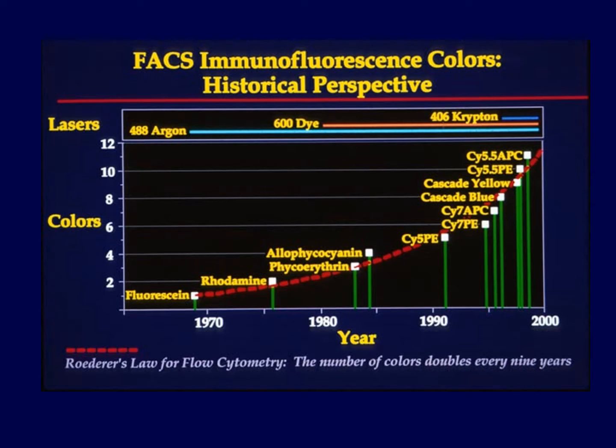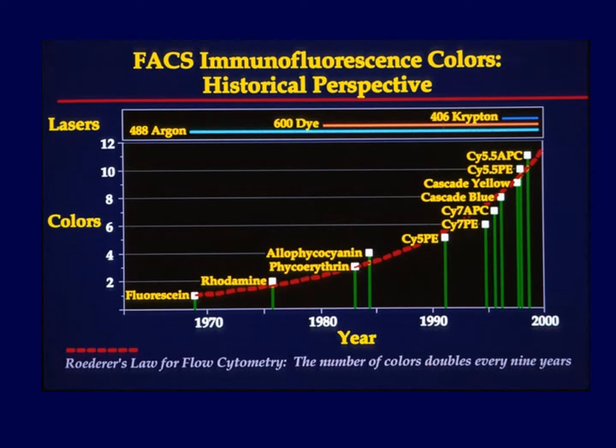Well, we have our own law here for FACS. It's Roederer's law. I think he named it Roederer's law. He made the slide, and it's kind of cute. And you can see how the number of dyes, number of colors which can be marked, which requires an increase in number of dyes, some of which he's been directly involved in helping to generate, and they come originally from Alan Wagner's efforts at Pittsburgh, and Biological Detection Systems, which was bought by Amersham, and now it's available through Amersham.